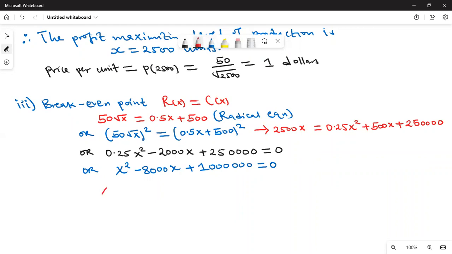So let's solve this equation using the quadratic formula. So we say x is equal to negative b, that is 8,000, plus or minus the square root of b squared. What is 8,000 squared? So that is 64 with the 6 zeros. Then minus 4 times a times c. Our a is 1, c is 1 million. So that will give us 4 million.